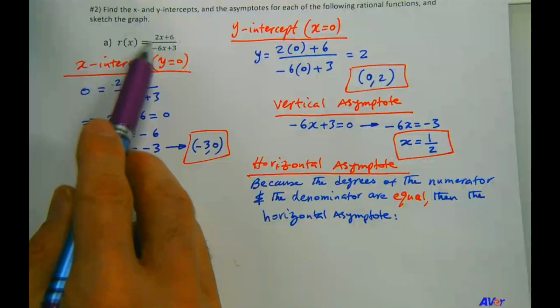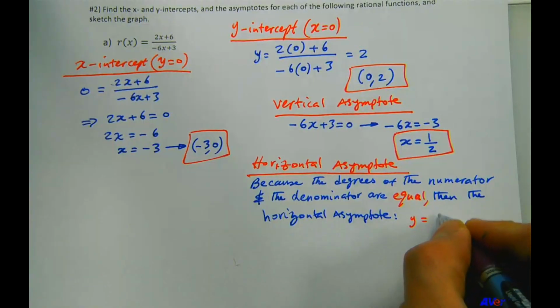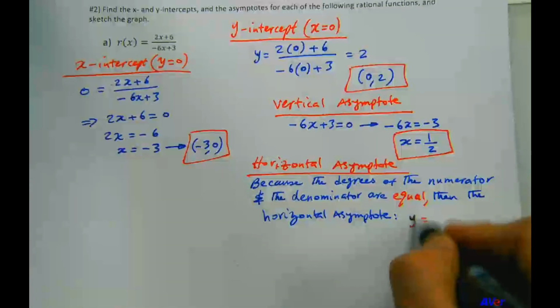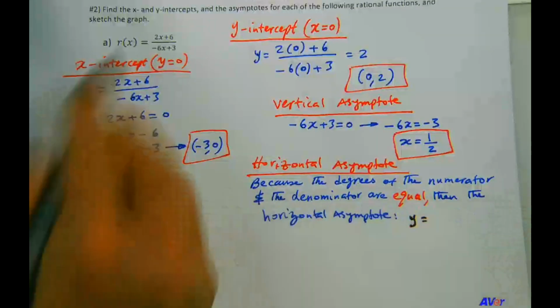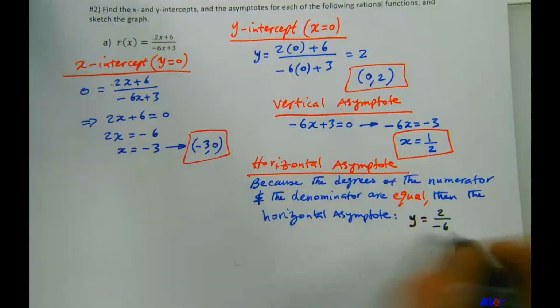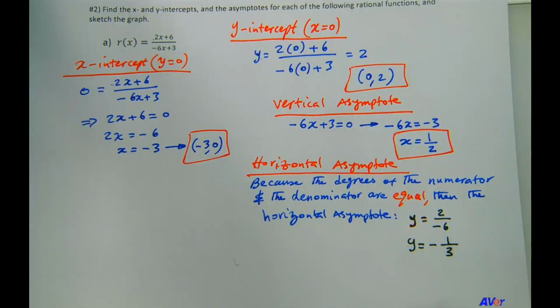So 2 over -6. So y equals 2 over -6, or after simplifying, y equals -1/3, right? That's the horizontal asymptote.